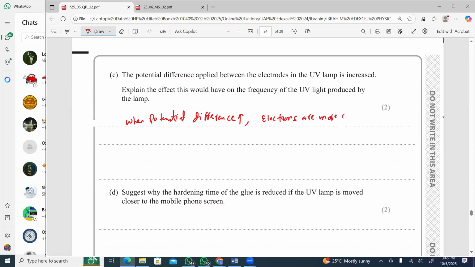When electrons are more speedy, they have more kinetic energy, so there is more transfer of energy to mercury atoms upon striking them.